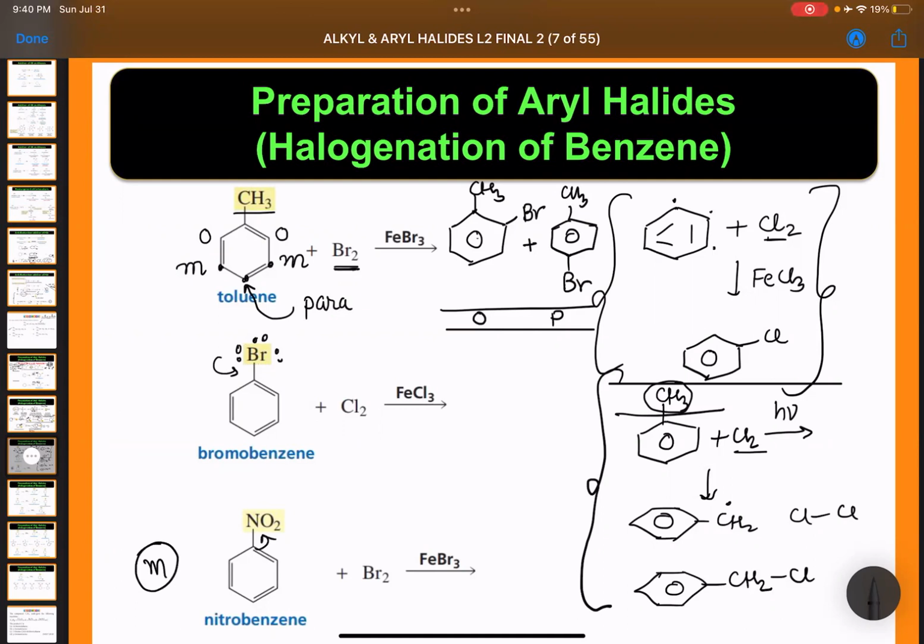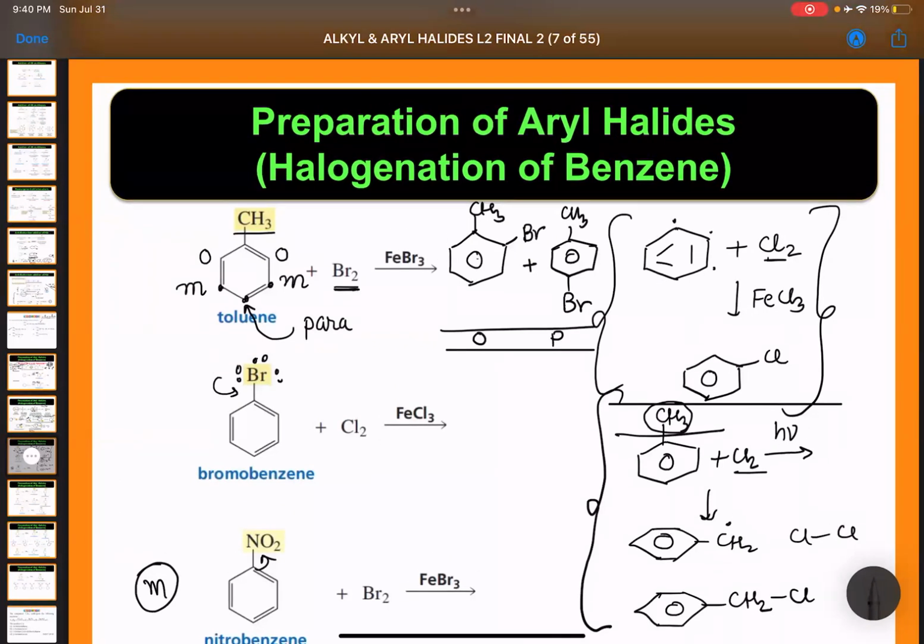Meta directing or ortho para directing is a way to know or predict what kind of product will form upon doing EAS of a substituted benzene. The substituent which is already present on the benzene, like CH3, Br or NO2, will direct the new group or electrophile which is getting joined to the benzene. If the group which is already present directs the incoming electrophile, the second electrophile, towards ortho or para position, then that group is known as OP directing.